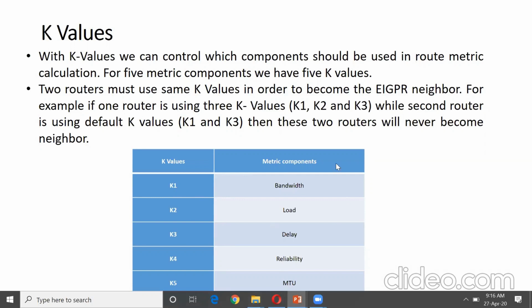So here K1 is bandwidth, K2 load, K3 delay, K4 reliability and K5 is MTU.